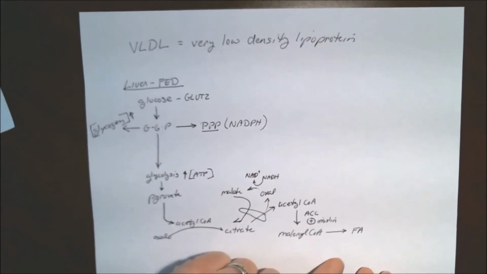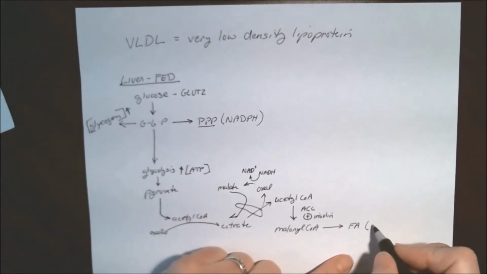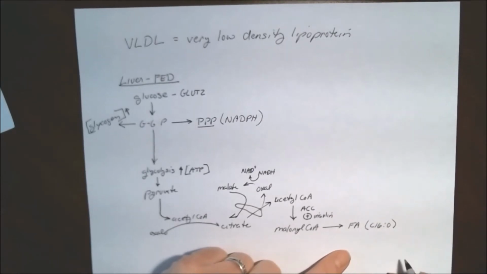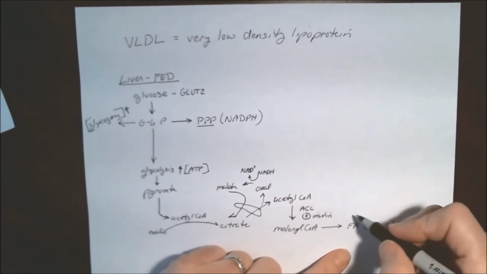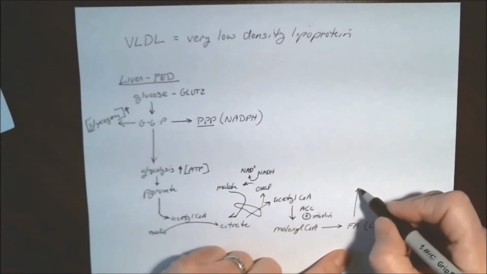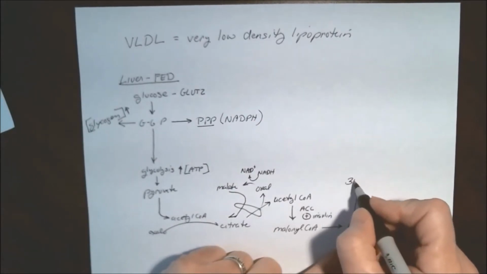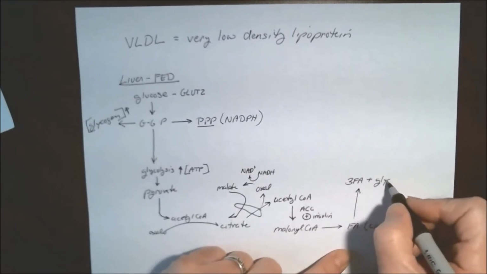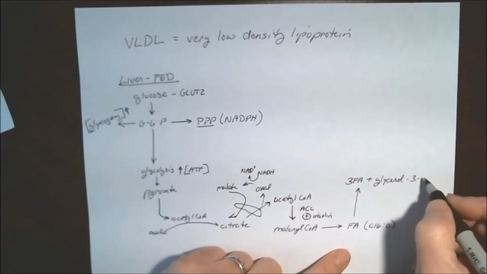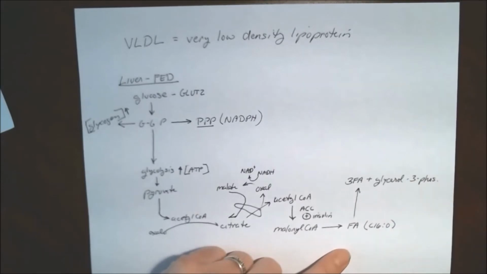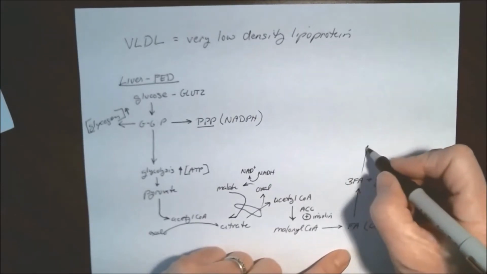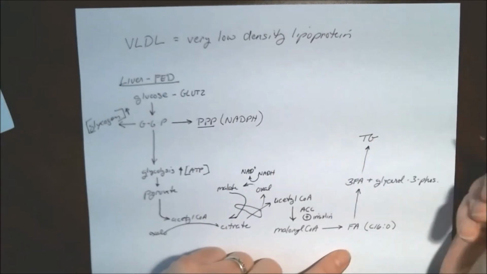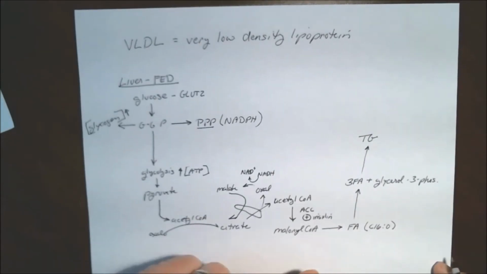Now, as these fatty acids form, which are the C16 palmitate molecules, this is going to combine 3 fatty acids plus glycerol 3-phosphate, and then by our acyltransferase enzymes, which will give us our triglyceride structure.